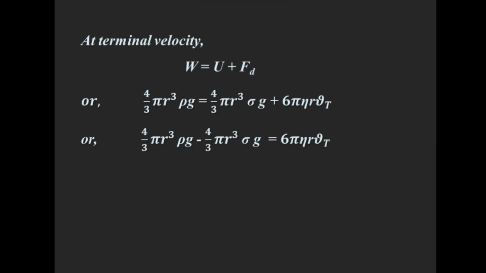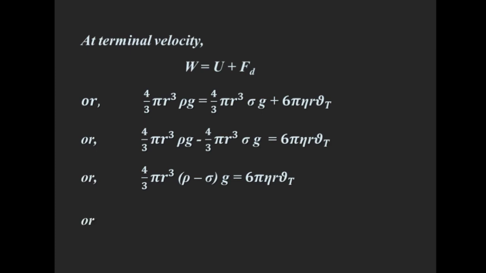From the left hand side, we can take 4 by 3 pi r cube g common. So we have 4 by 3 pi r cube (rho minus sigma) g equals 6 pi eta r vt.